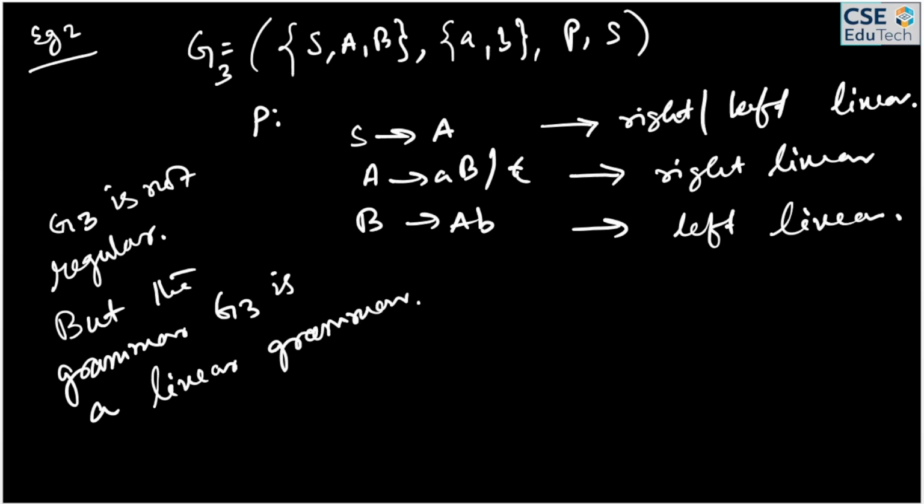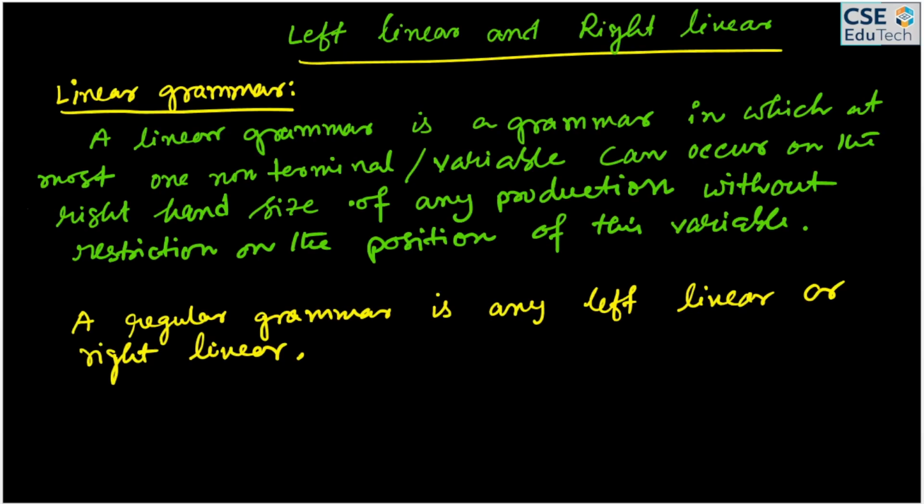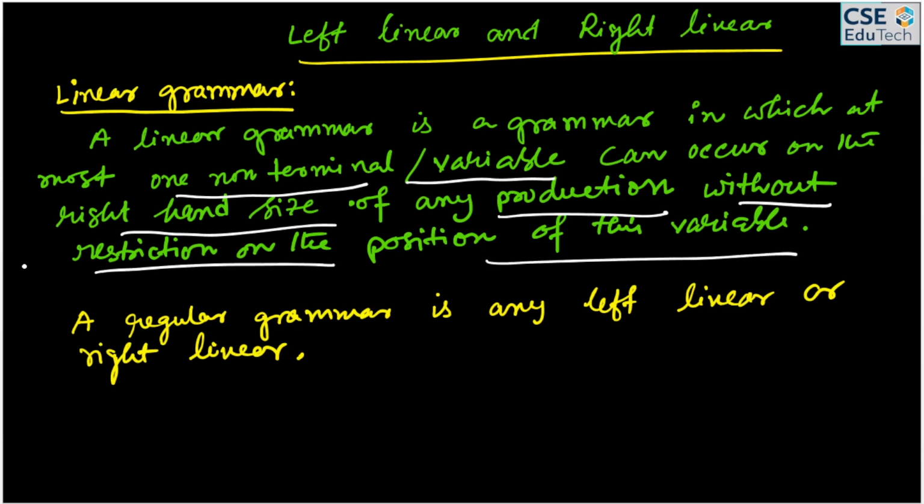Why linear grammar? Because in the definition we explained that at most one non-terminal variable can appear on the right hand side of any production, without restriction on the position of the variable.